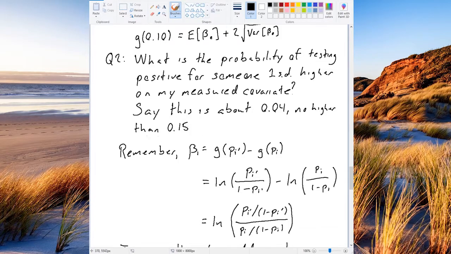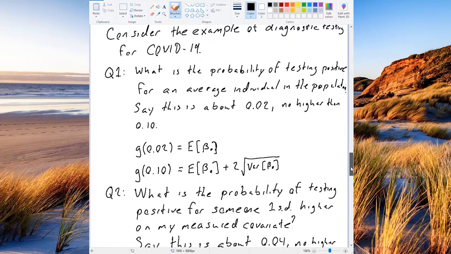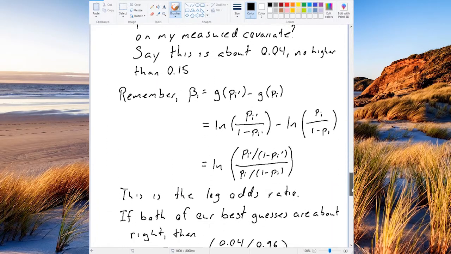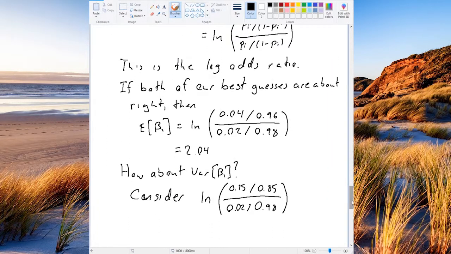The highest I think that could possibly get compared to the average. So I'm not taking into account the uncertainty I have on beta 0. I'm just looking at my uncertainty for this new covariate outcome.